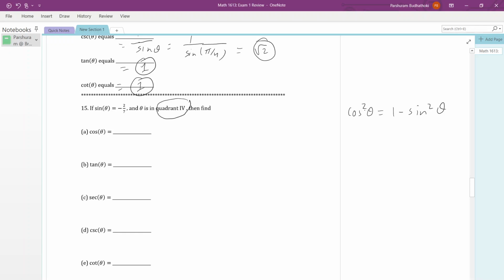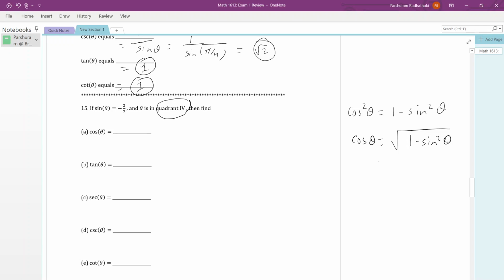So when you solve this squared equation, you have to use cosine theta equals the square root of 1 minus sine squared theta. You might have two options, plus and minus, but because theta is in the fourth quadrant, we just take the plus option here.